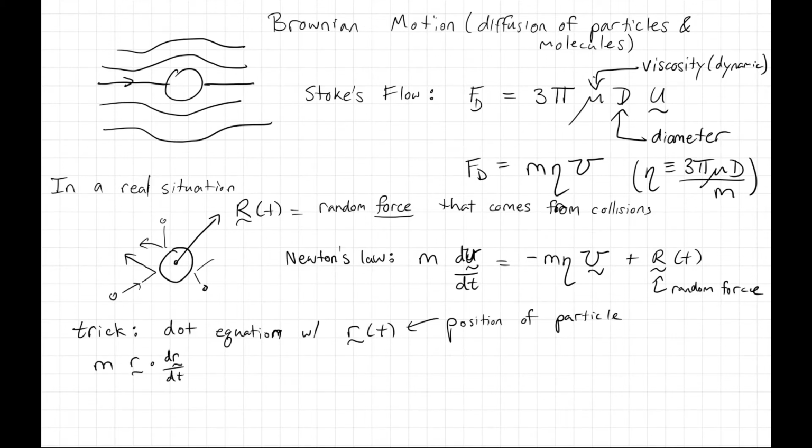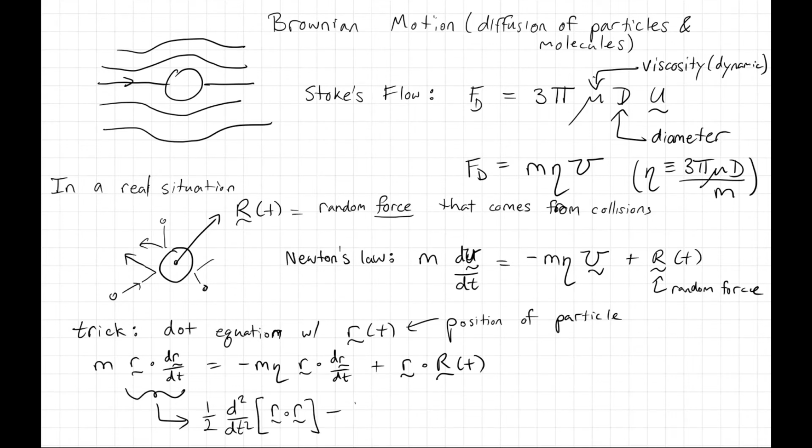One thing that will be helpful is to recognize that the first term in the series can be expanded in a particular way: it's half of the second derivative with time of r squared, minus the velocity squared. If you can't see that, I'd encourage you to work it out by hand and confirm that you get back the original first term.